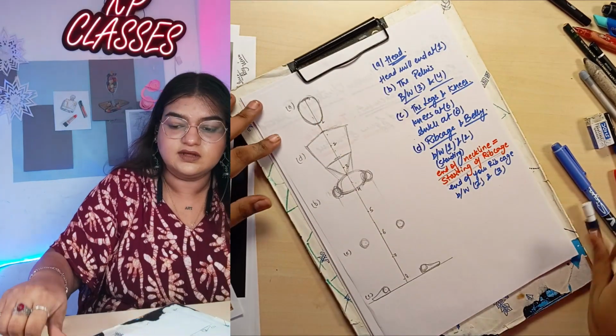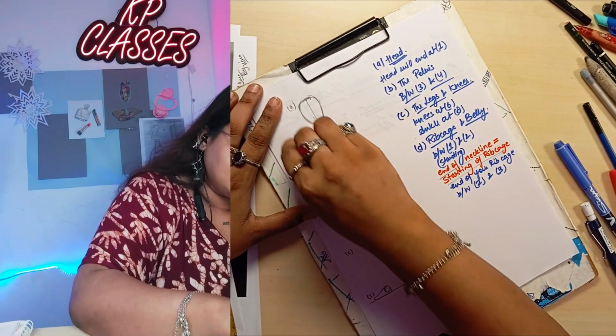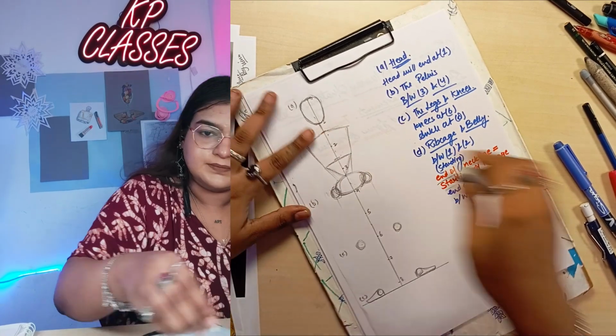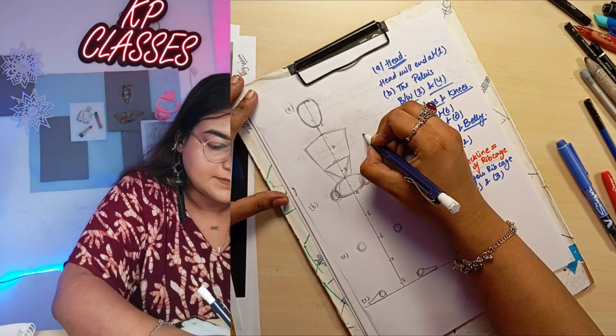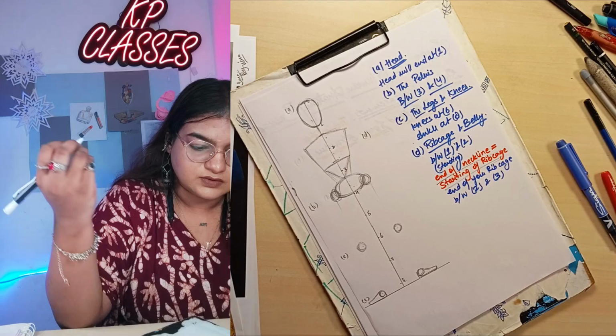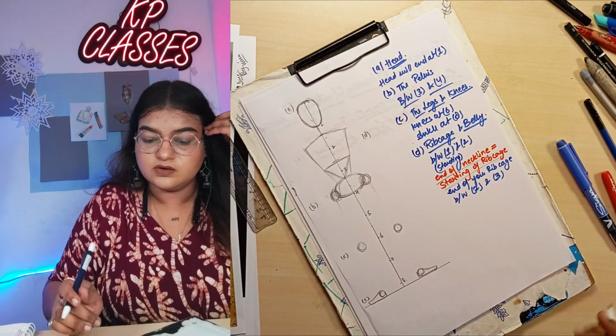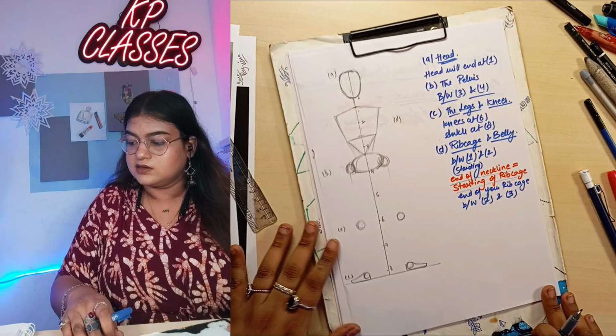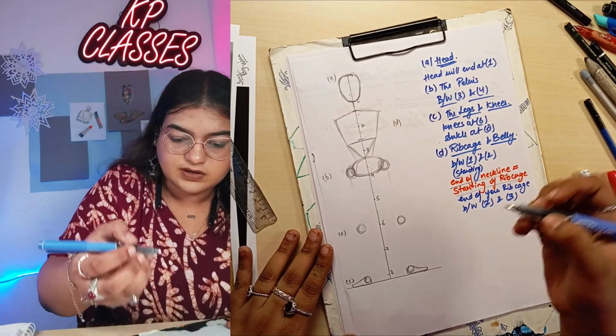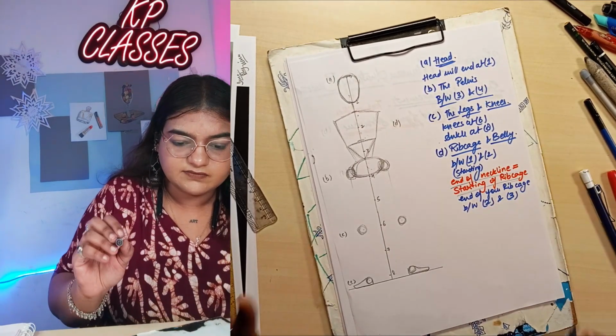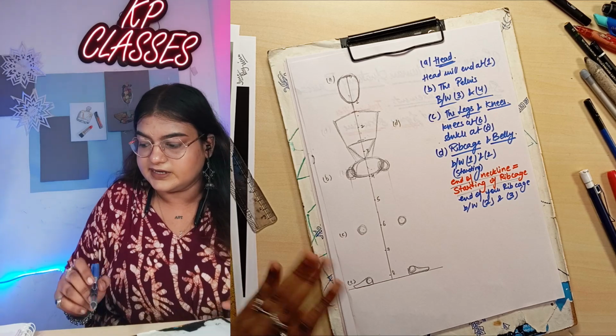Now basically your rib, again, keeping some distance, because we are to make more and more hand and shoulder joints. Now we have your C part, which is your hip cage and belly.